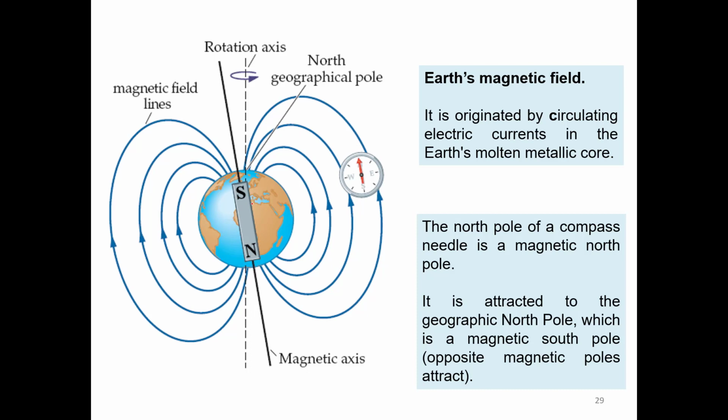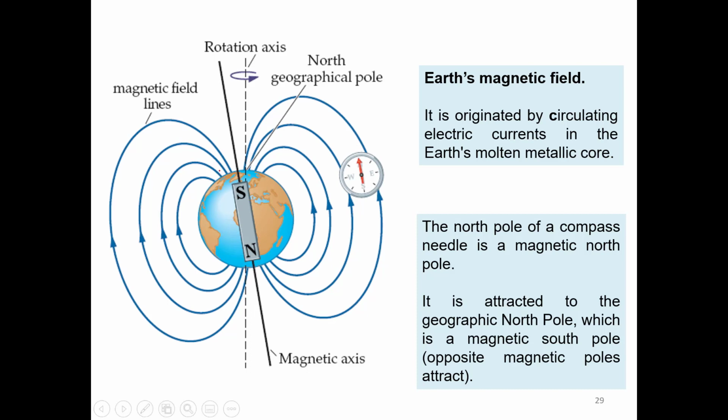This is magnetic metallic material in the core at huge temperature. Everything is molten there. This metal circulating in the core of the Earth, like nickel and iron, creates the magnetic field of the Earth. This is why the Earth has a magnetic field.